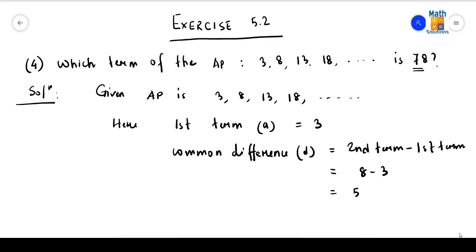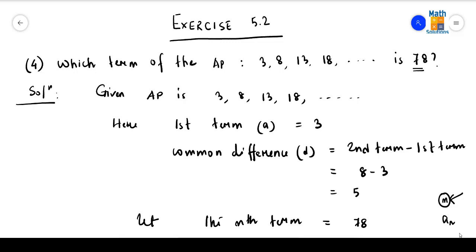After this we shall assume that the nth term is equal to 78. If we can get the value of n, that will imply the position of this nth term, an, and then we can say in which position this number 78 is lying in the AP.